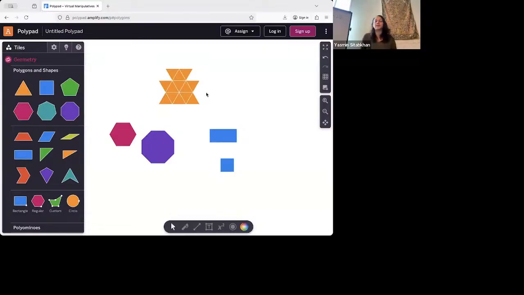And as adults, I could ask you, this shape right here, how many sides does it have? Can anyone tell me? How many sides does this triangle shape have that I made?